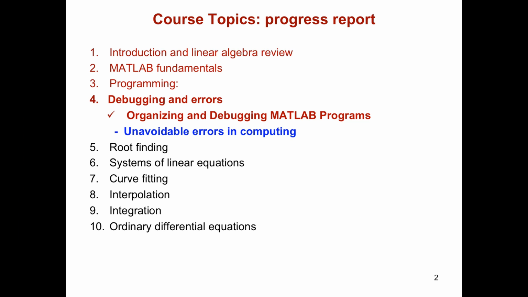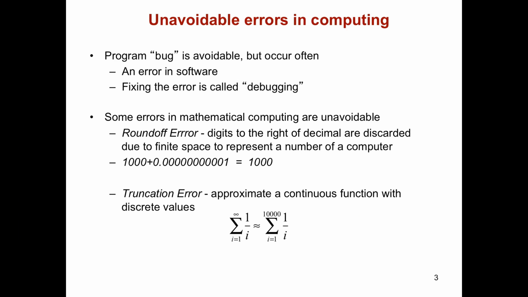Okay, good. So basically, there are these bugs that we refer to as avoidable. They could be there simply because people put them in. But there are certain errors that are unavoidable, and typically it's round-off error. We have numbers in math that have an infinite number of decimal points, but we cannot store all of those digits.